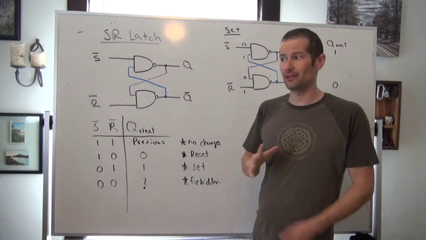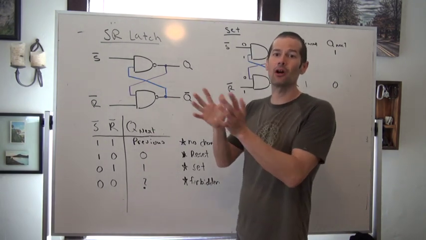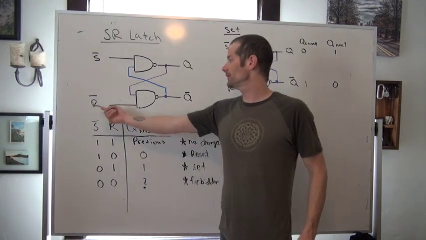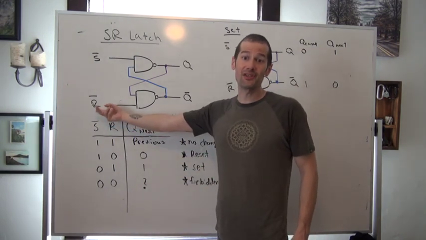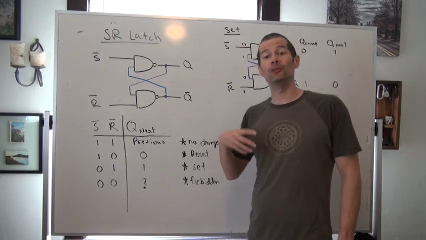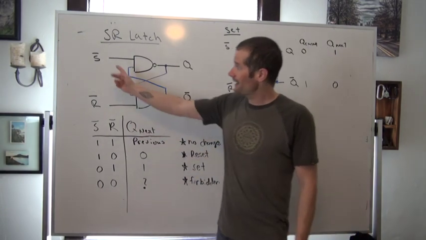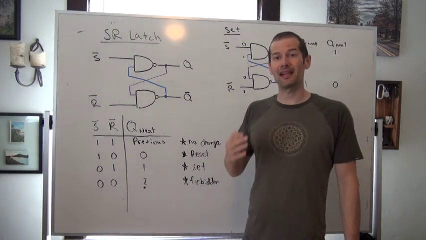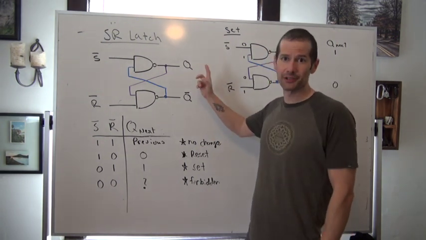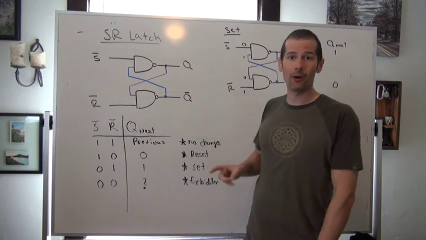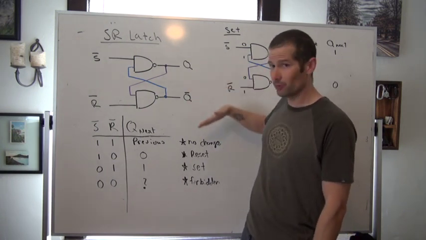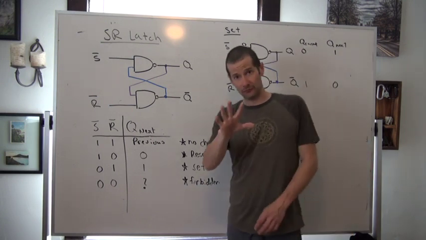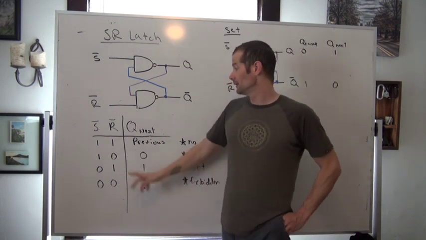When I say state, that means how we're causing the latch to function. So when R bar is 0, we are in a reset state. When S bar is 0, that's when we have a set state in which Q would go high, or Q bar would consequently go low. So if we look at the truth table for it, once again, here's what I mean.